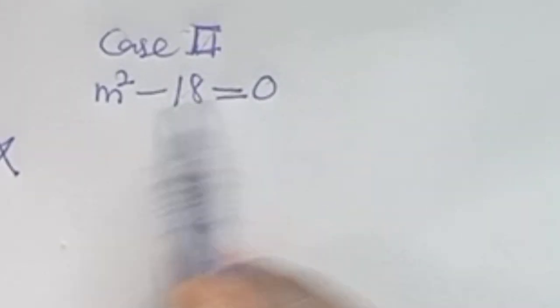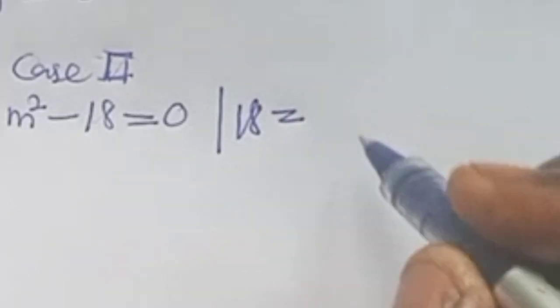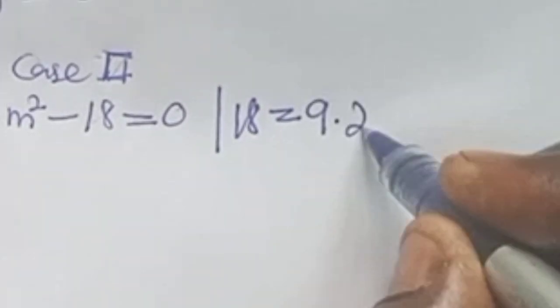And for case 2, since we have m to the power of 2 and a negative separating the m to the power of 2 and 18, we can bring in the concept of difference of two squares. We can write 18 to be equal to 9 times 2.